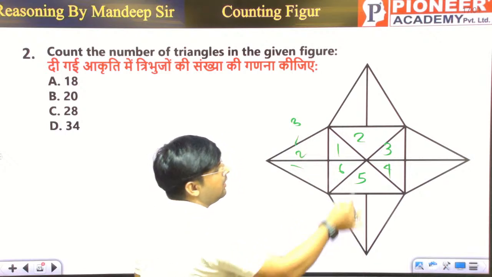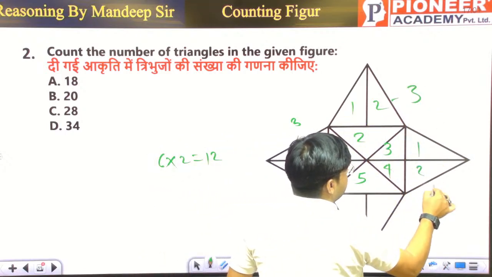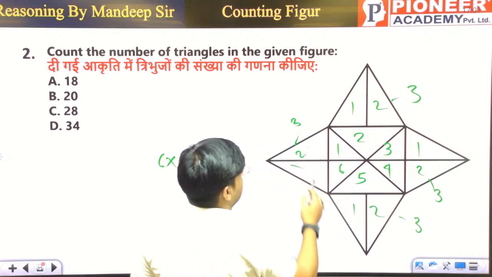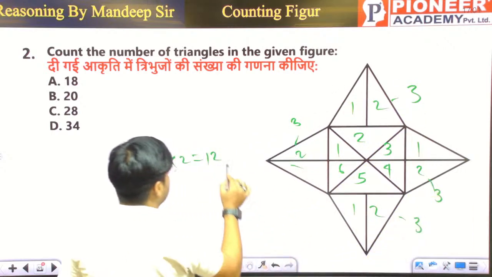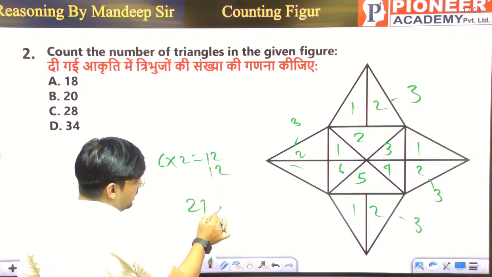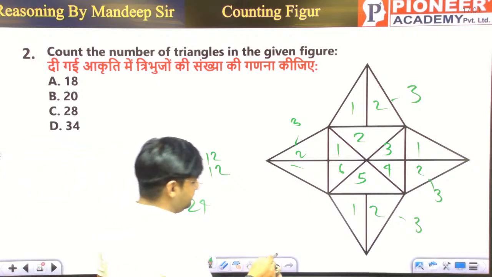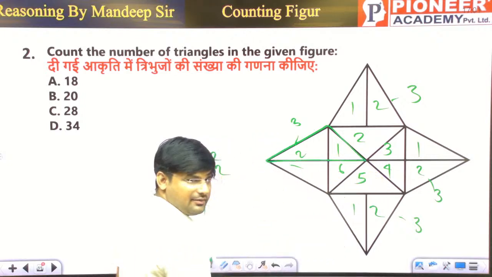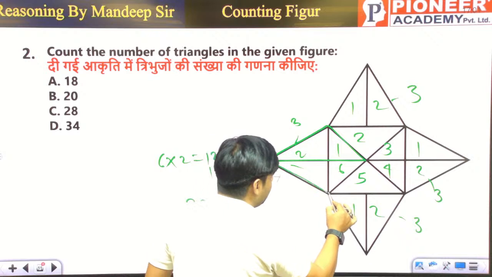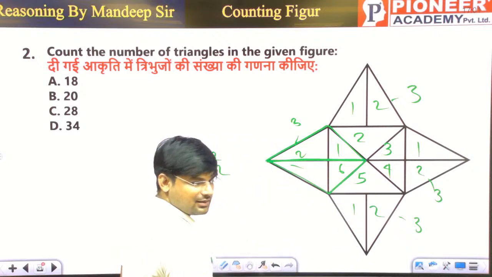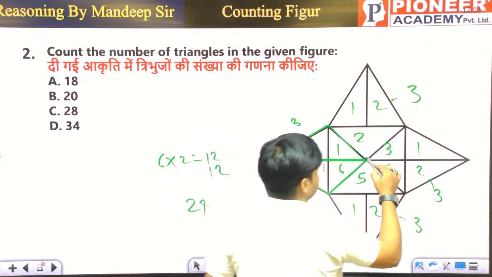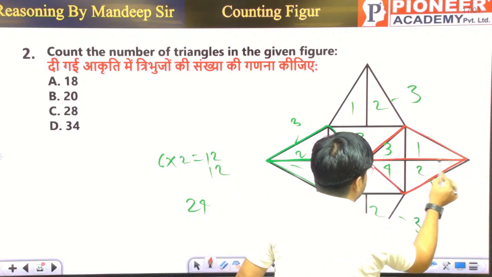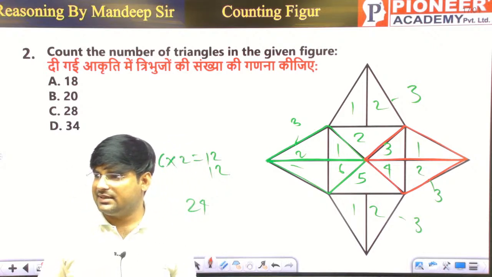There are 3. 1, 2, 3. 1, 2, 3. 1, 2, 3. 3, 3, 3, 3. 12. 12 plus 12 equal to 24, and 25, and 26, 27, 28. There are 28 triangles in this figure.